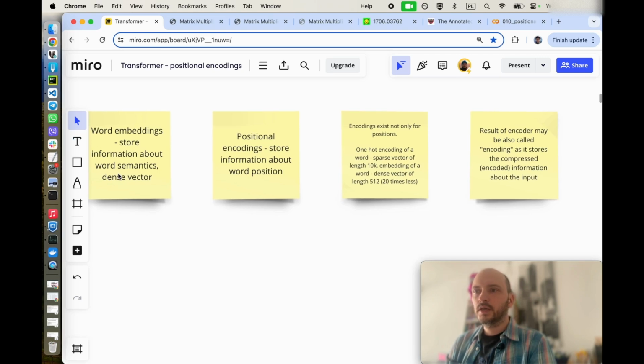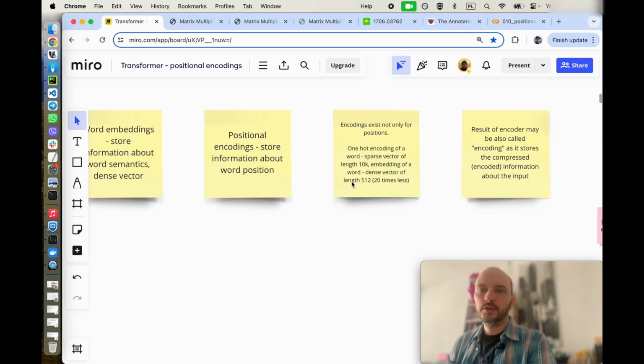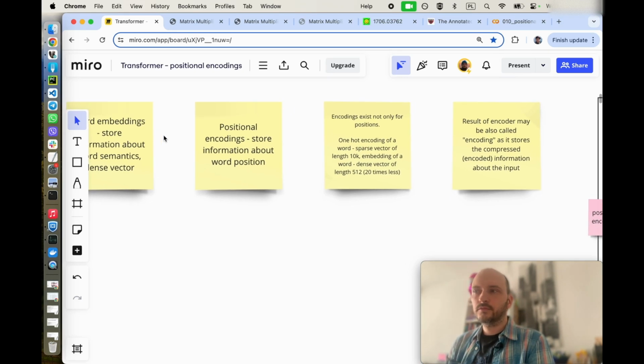So here you see that an embedding is a dense vector, and a one-hot encoding will be a sparse vector, even though it represents semantic information. It means that encodings may also be used to represent semantic information.